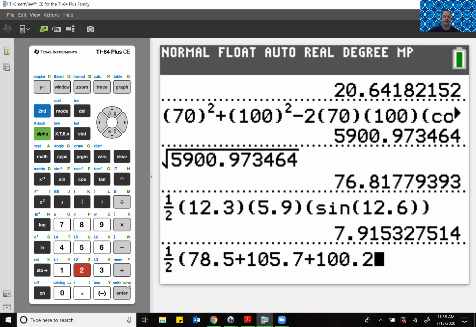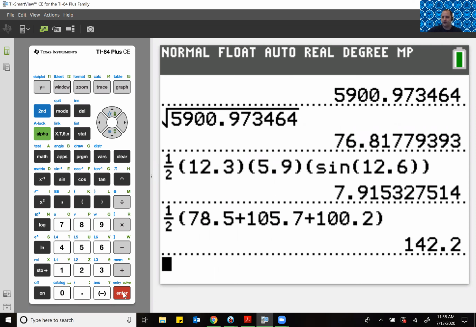And again, this is what we call the semi-perimeter. So 142.2. And then now we're going to use that in the area formula, which looks like this.